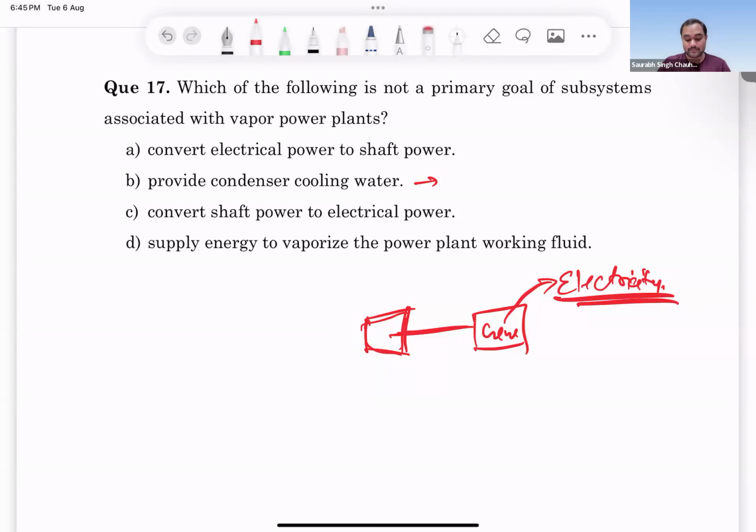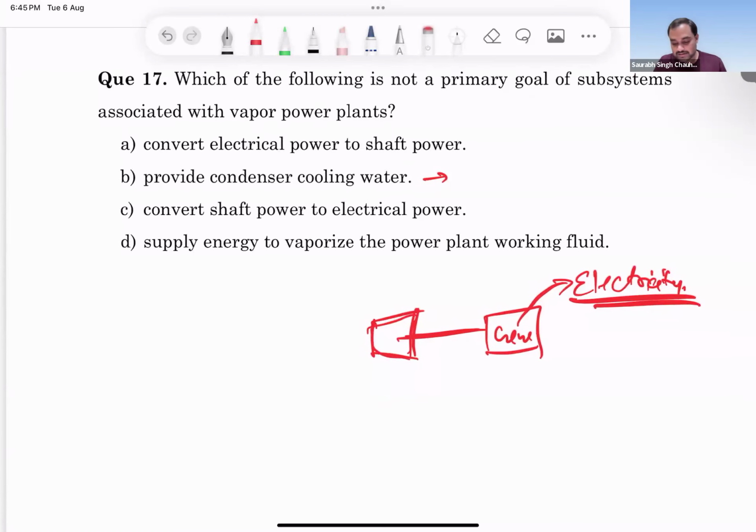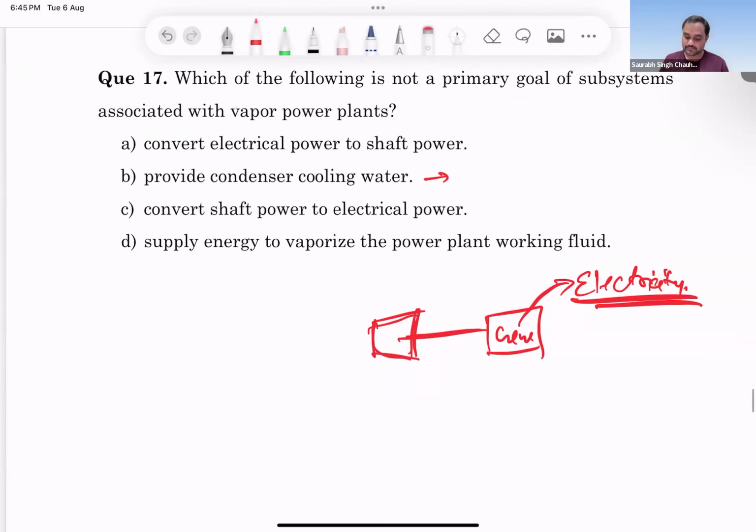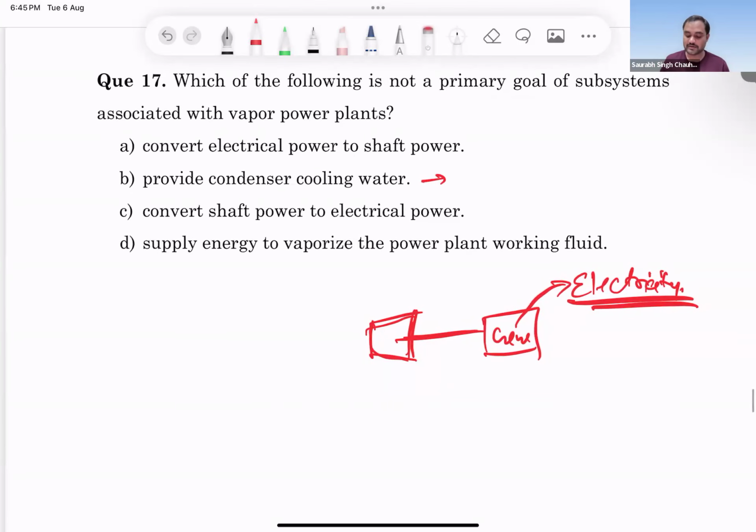But part A, which says convert electrical power to shaft power, is not the primary goal. This is not the primary goal, because you can supply the electricity anywhere, and there it can be used to run any device, or converted into shaft power.